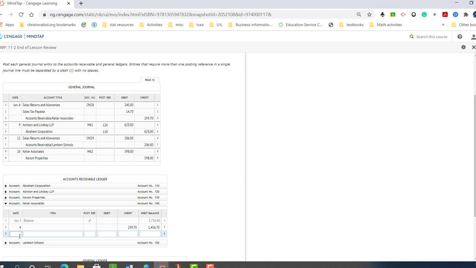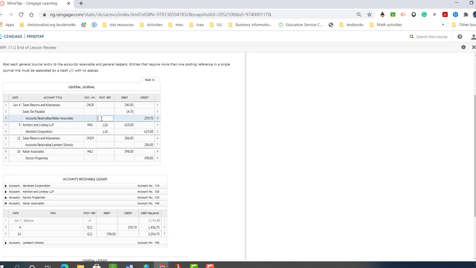And then on the 26th, we need to correct the fact that they did not get charged that $598. And that is going to increase their amount to $2,054.70. And this was both from the General Journal, page 12.